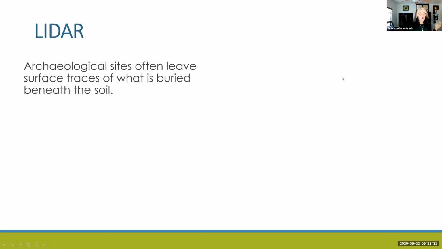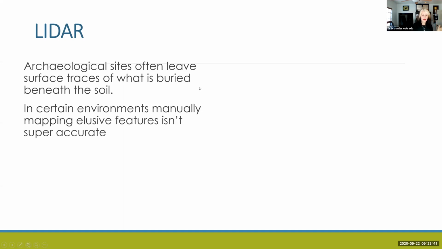All right, so in many cases, archaeological sites have things that are there, but they're underneath the soil, or underneath vegetation.